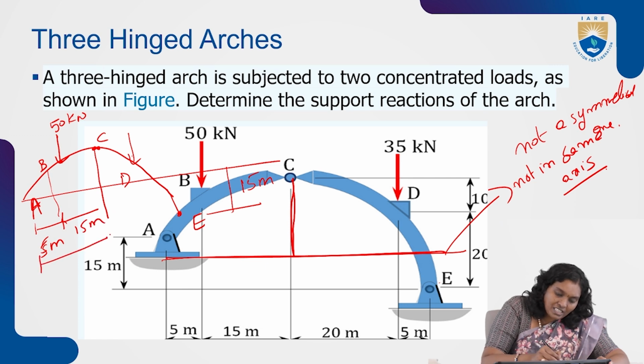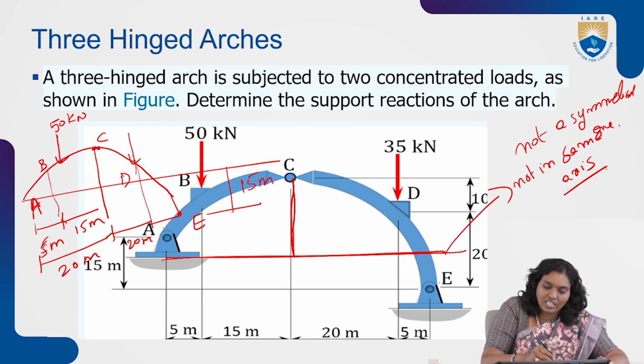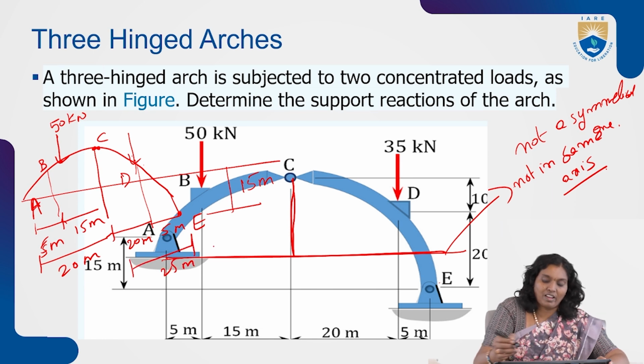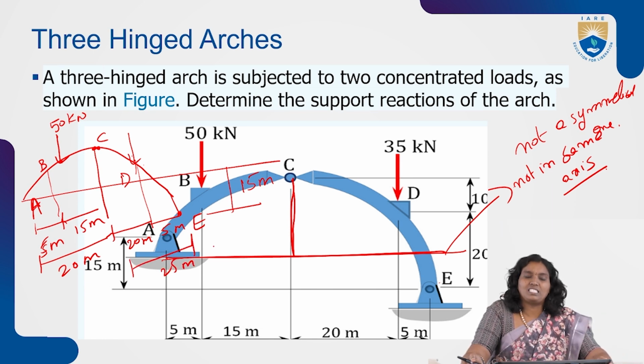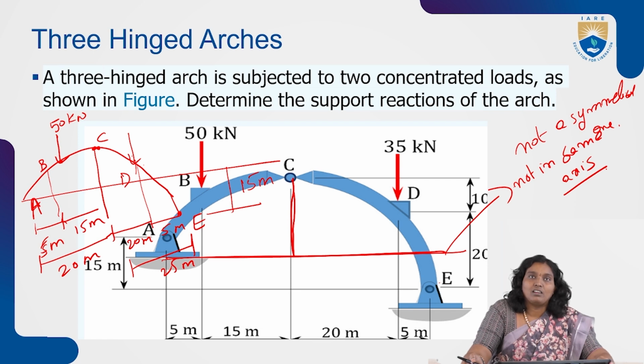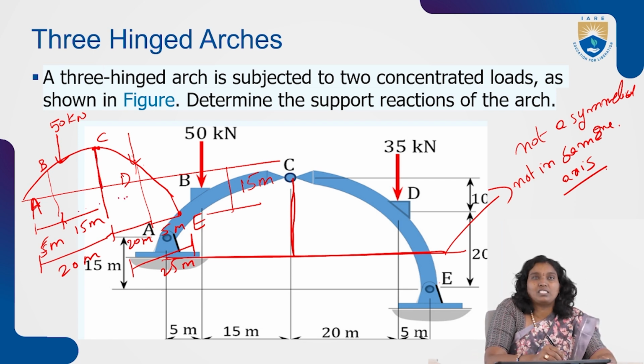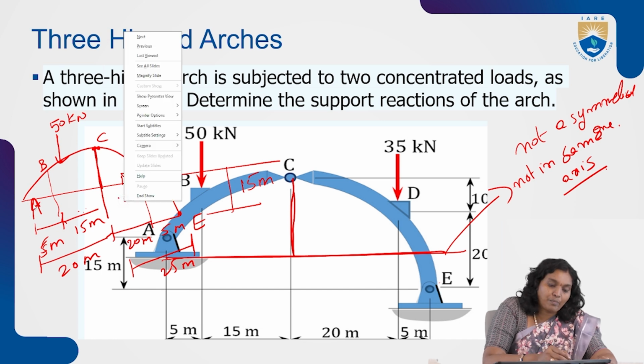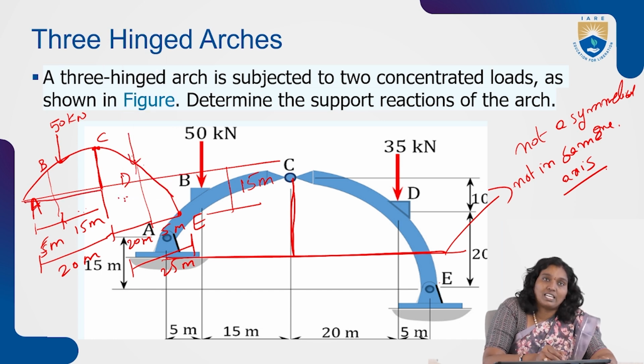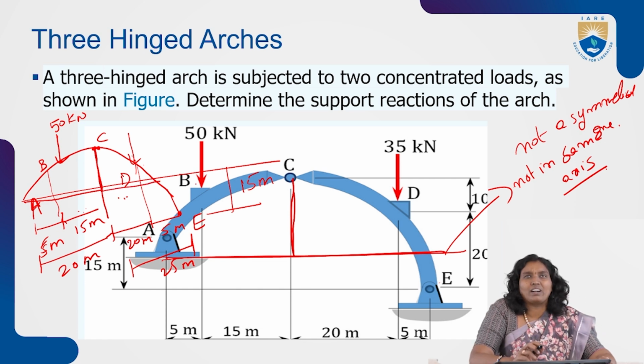From A to C, that is equal to 20 meters. From D to E, that is equal to 5 meters. From C to E, that is equal to 25 meters. So these are the differences. Previously, we thought the distance from here to here was the same, but here from A to C, the horizontal distance is 20 meters, and from C to E, it is 25 meters.